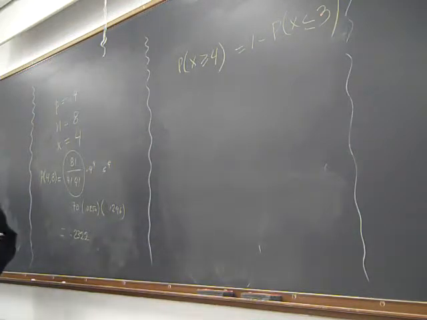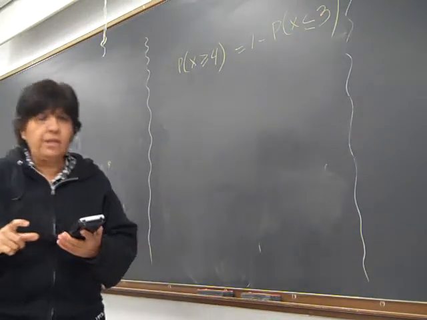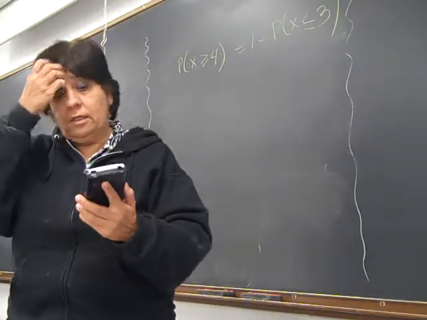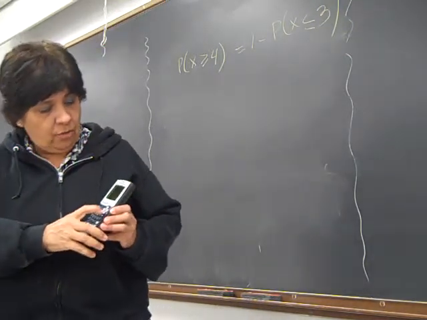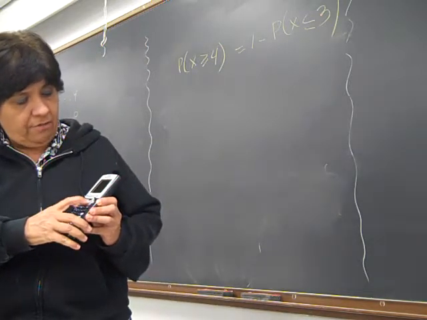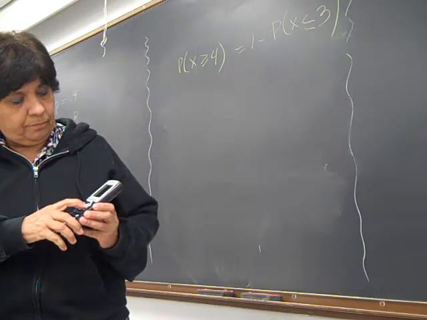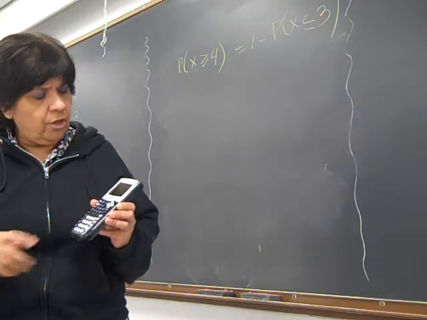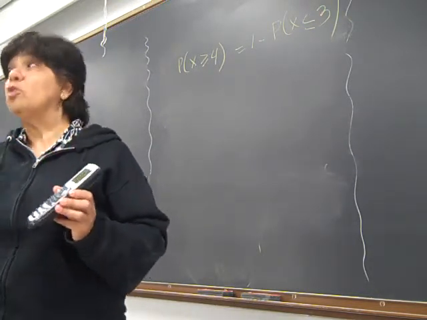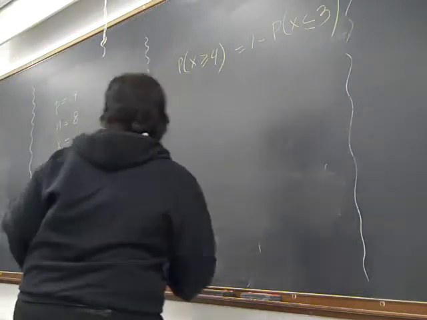You do that by using, again, second vars, and instead of binomial probability distribution function, you have to go to binomial cumulative distribution function.